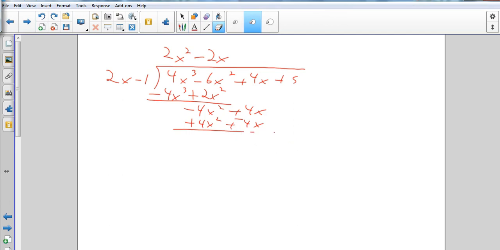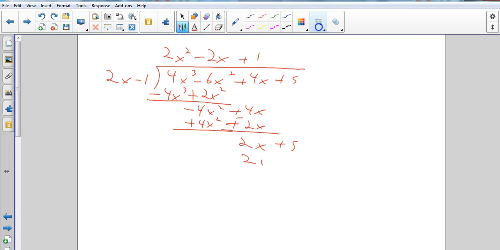Look at me, I'm good with numbers. This doesn't seem right. Negative 2 times negative 1 is positive 2x. Not 4x, sorry. But I change the signs, and I get 2x plus 5. And now I'm just going to multiply by 1, which will give me 2x minus 1. Change the signs.